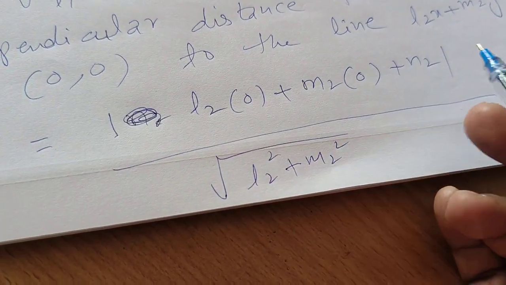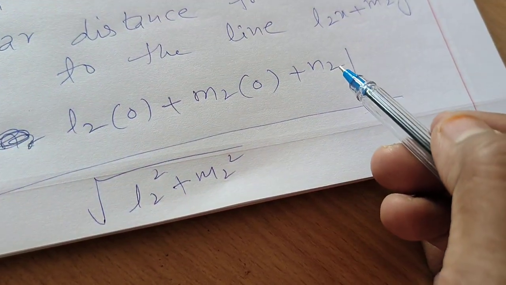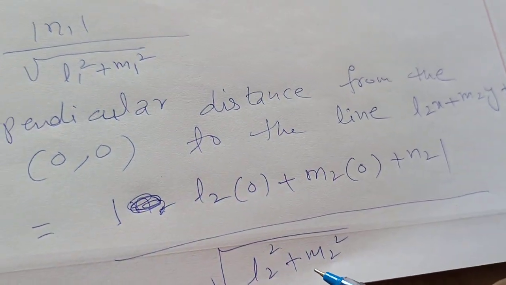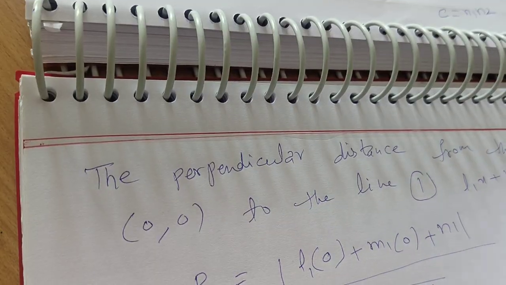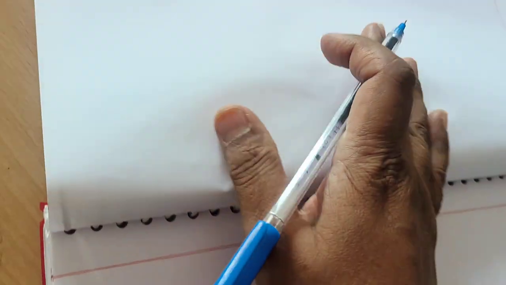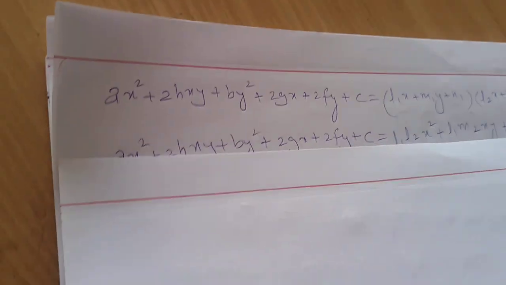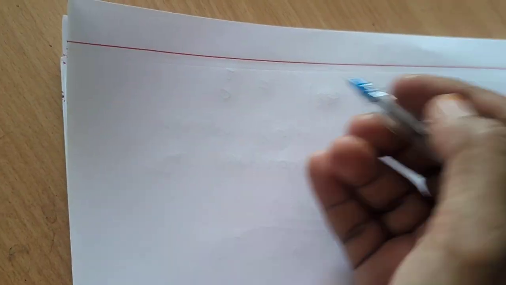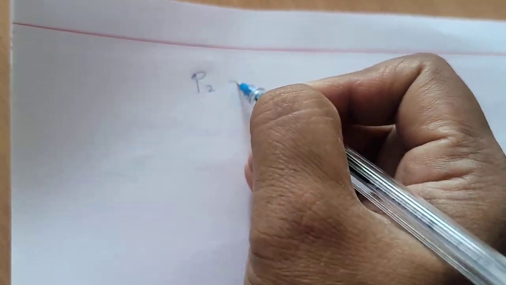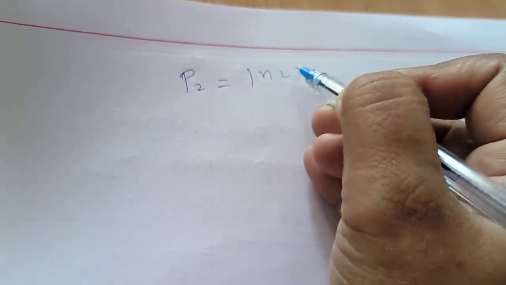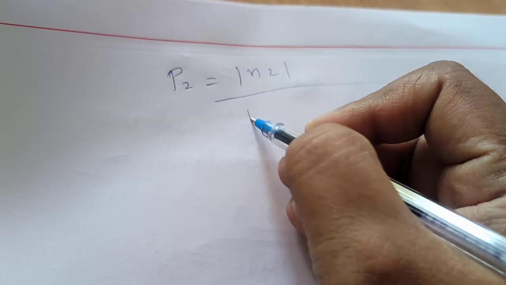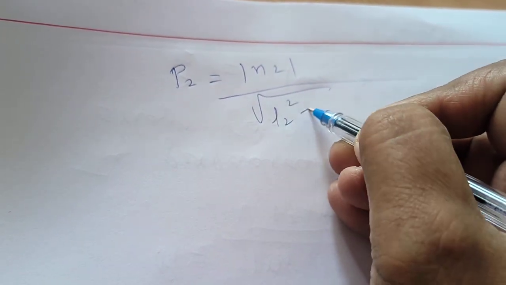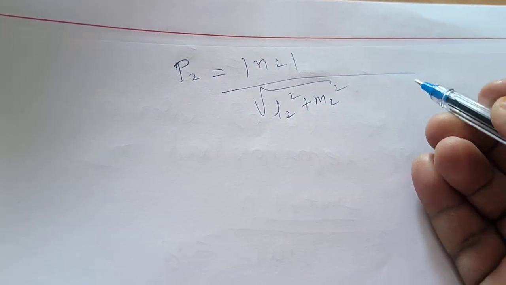Now the first two terms become 0. Here also we get N2 by square root of L2 square plus M2 square. So P2 is equal to mod N2 by under root L2 square plus M2 square.